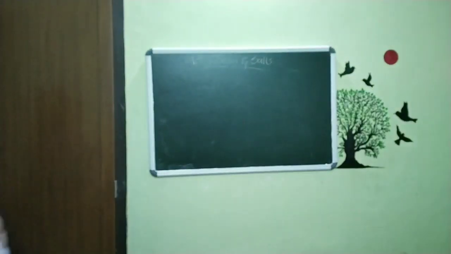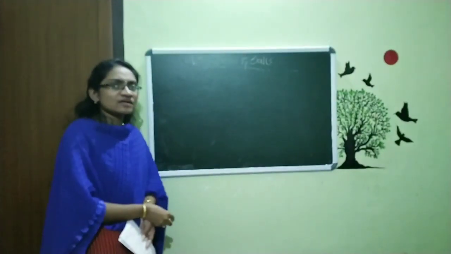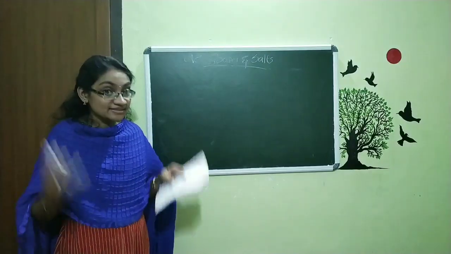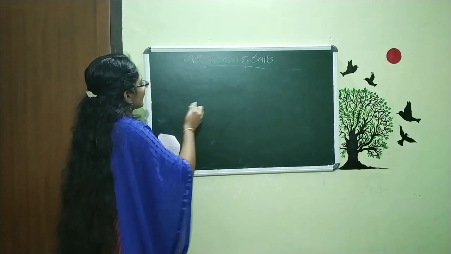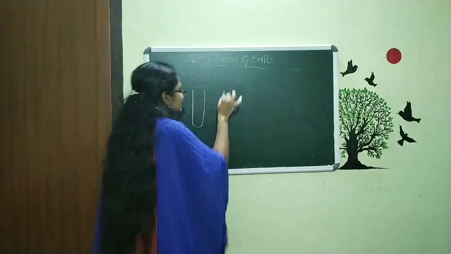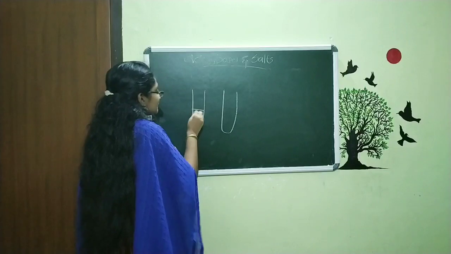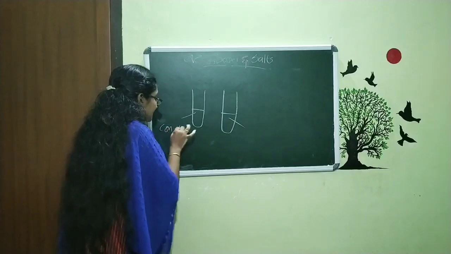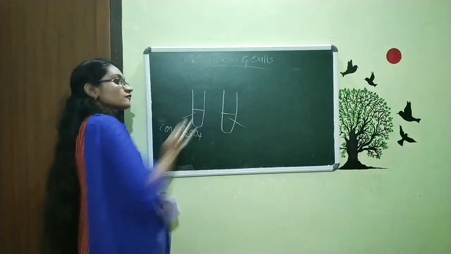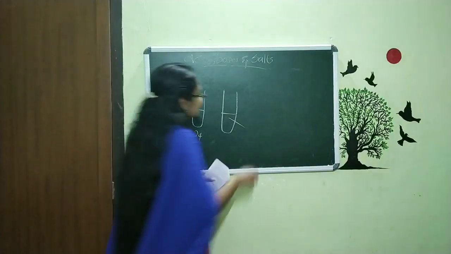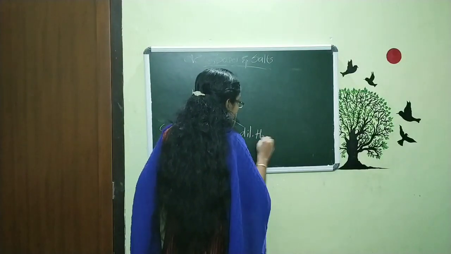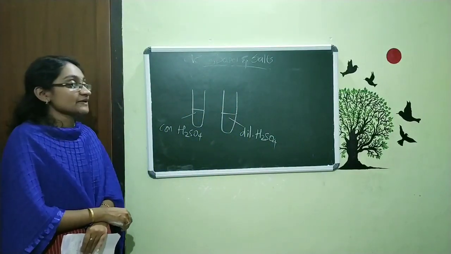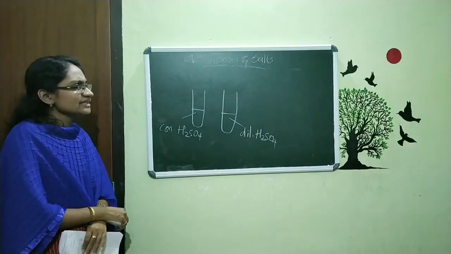In the first class, we studied about indicators. What is an indicator? We use an indicator to identify whether a substance is acidic or basic. For example, I am just taking two test tubes. Both are filled with sulfuric acid: this one is concentrated H2SO4 and this one is dilute H2SO4. We have some indicators like litmus paper and turmeric indicator, the natural indicators.